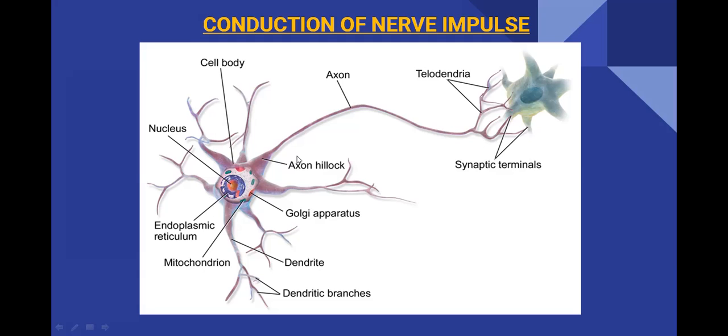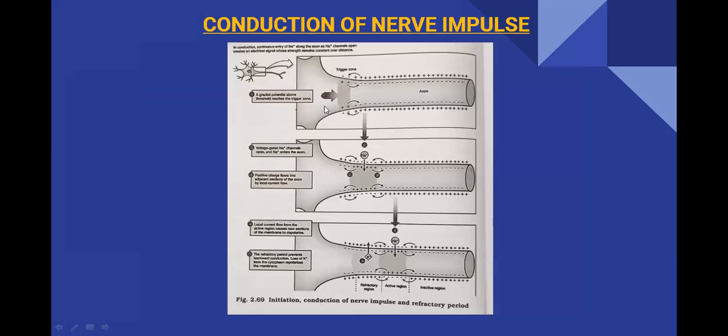As I have already told, the action potentials will be generated on these dendrites, and all those action potentials will be summed up in this axon hillock region. In this diagram, we can see that in the first one, this is the soma, and this is the axon region.